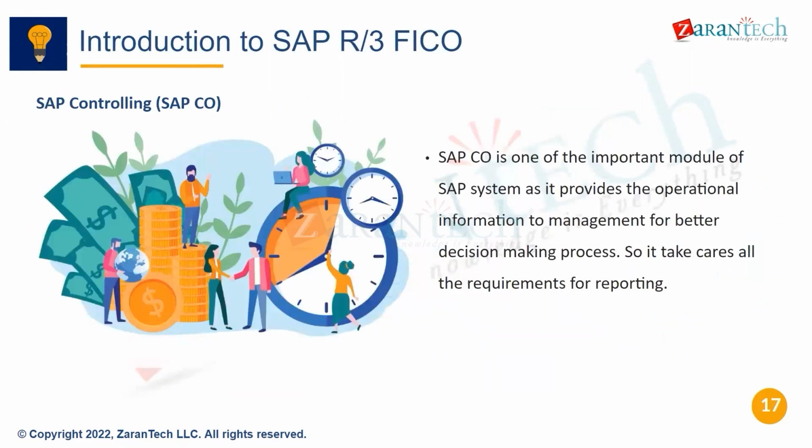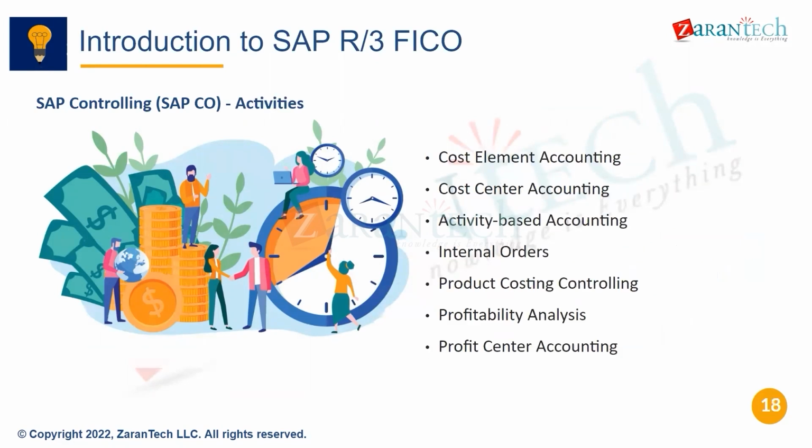Yeah. So SAP CO is for the internal management for better decision making. These will be the modules in controlling: cost element accounting, cost center accounting, activity-based accounting, internal orders, profitability analysis, and profit center accounting.